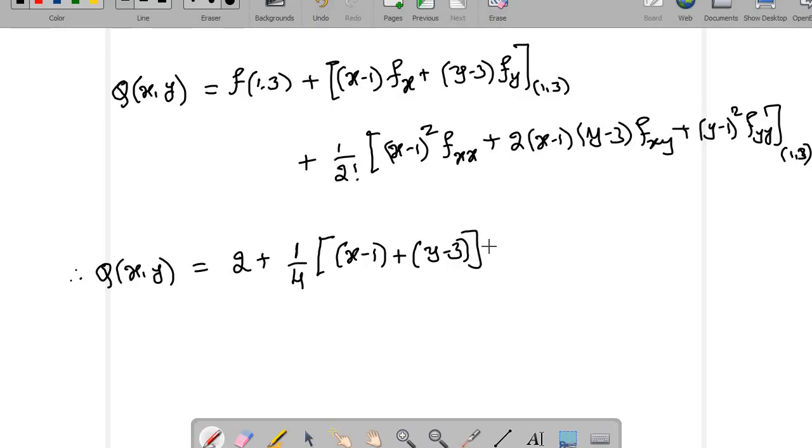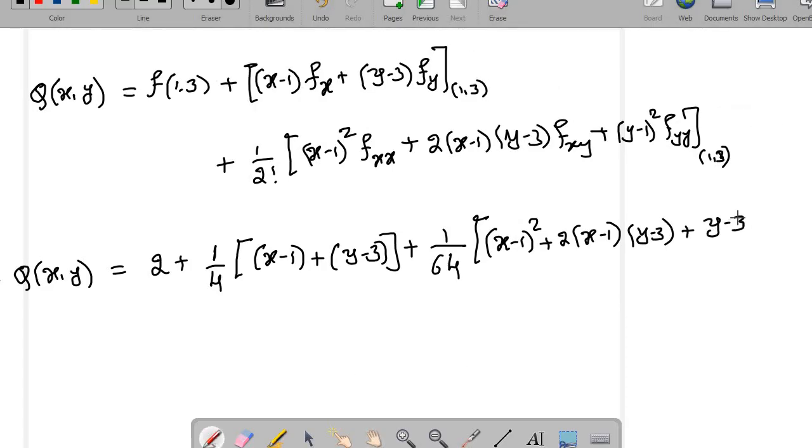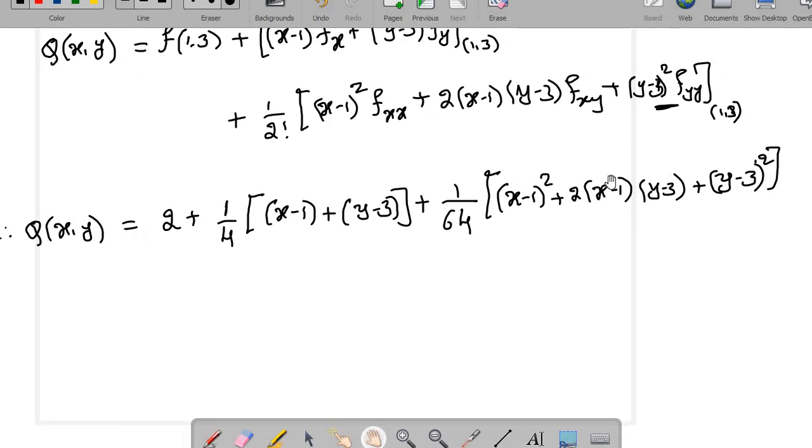And even the second order partial derivatives all are equal to 1 over 32. 1 over 32 times 1 over 2, you'll get 1 over 64 times (x minus 1) whole square plus 2 times (x minus 1) into (y minus 3) plus you have (y minus 3) whole square. Sorry, here I should write y minus 3. I think I wrote it 1. Okay. So this is the quadratic approximation. Now you can simplify this and finally you can obtain Q of (x, y).